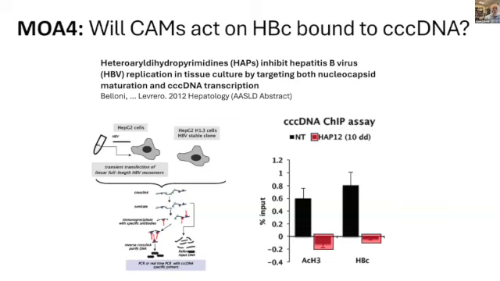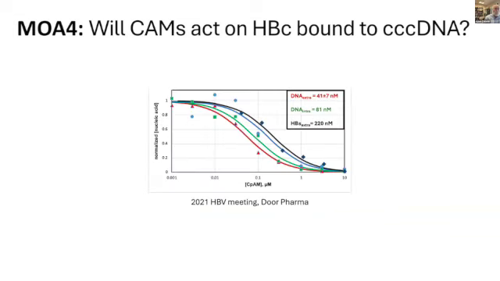Notably, acetylated histone H3 decreased and the amount of bound HBC decreased. My lab, in collaboration with Door Pharma, has identified a subset of molecules that are able to suppress virus production and also S production. And this particular molecule was presented at the HBV meeting in 2021 as DPO4 167.